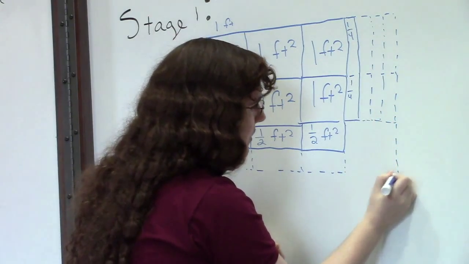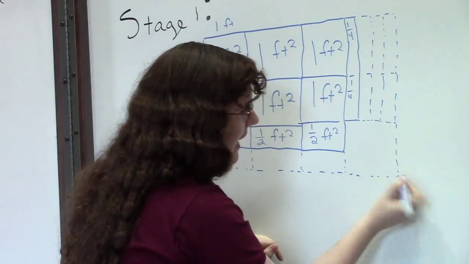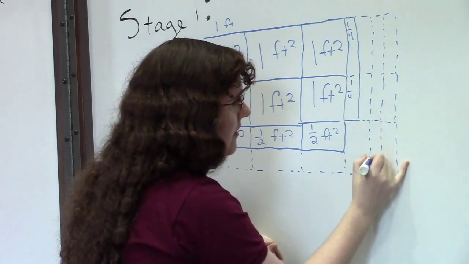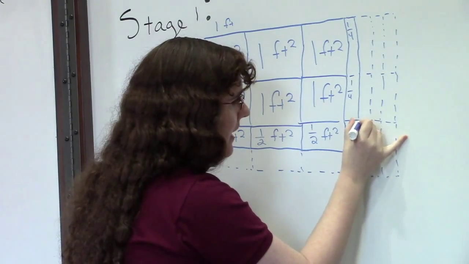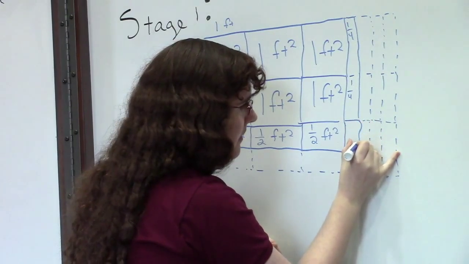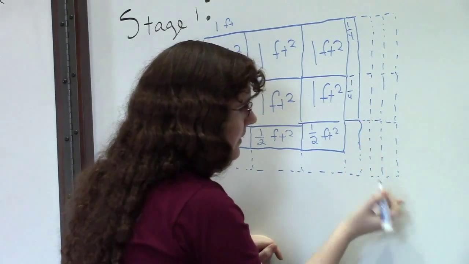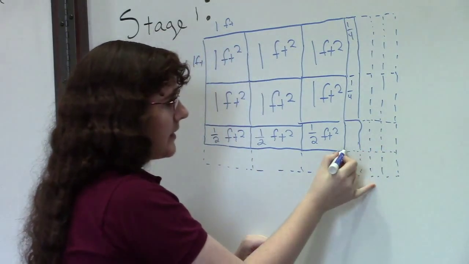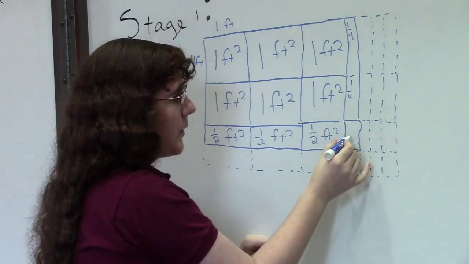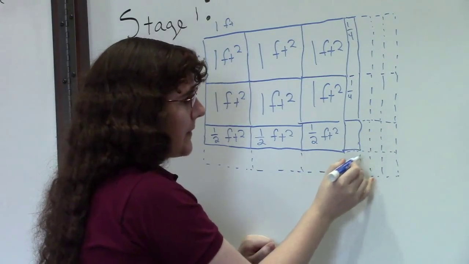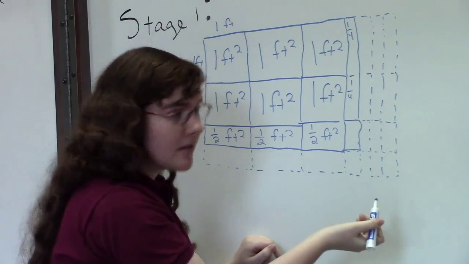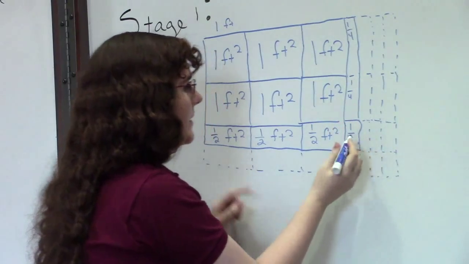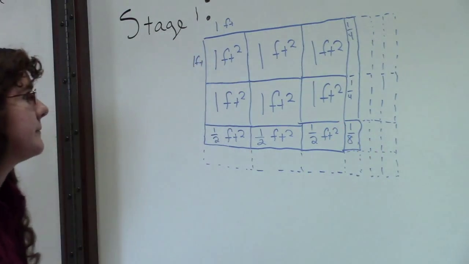But if you know that this is an entire foot and that this would divide it into 4ths and that this would divide it in 1/2, now you've got 1, 2, 3, 4, 5, 6, 7, 8 pieces, and 1 of those 1/8 is part of your board.